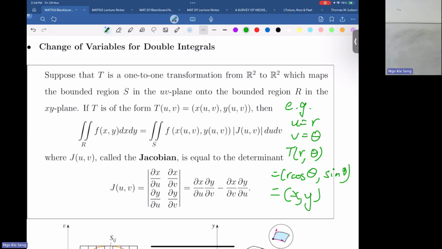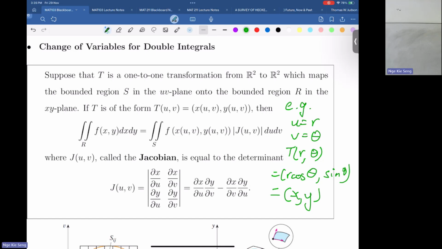You arrange your variables in rows and columns. You put x at the first row and y at the second row, and then you arrange your u and v in columns.